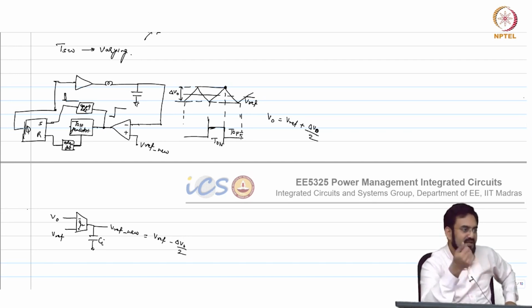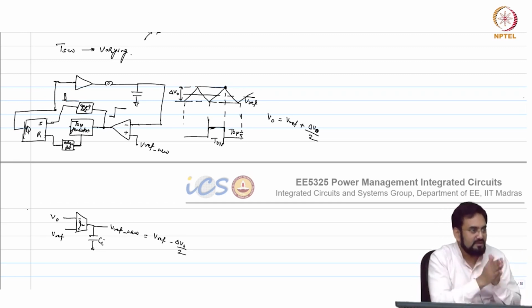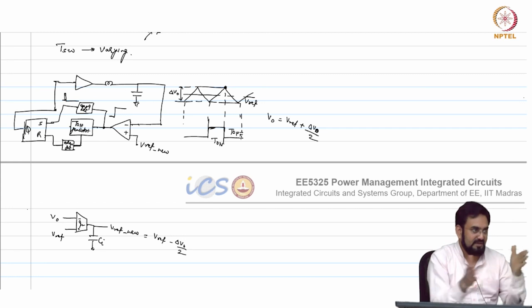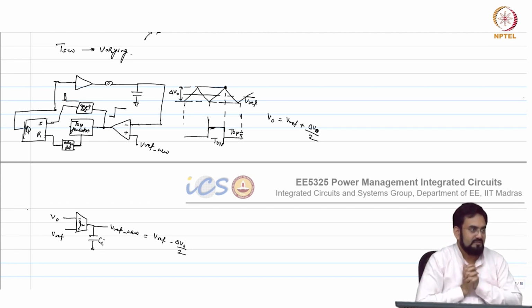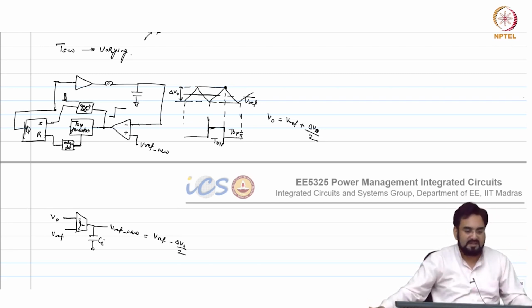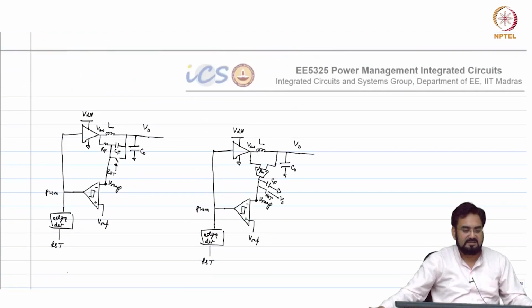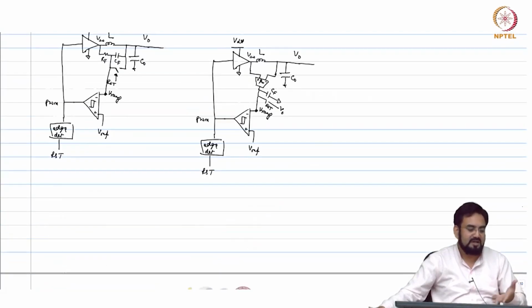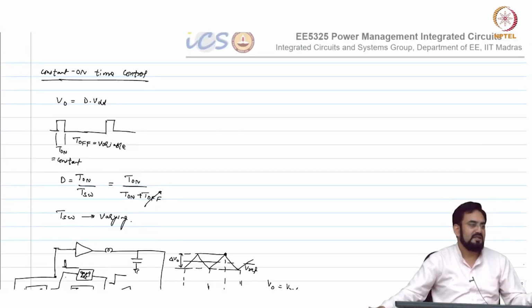I am forcing T on here. So whatever T on I am forcing, if I change that based on V in and V out, then I can regulate the frequency. Now you can do the same thing you did in the previous case. I was controlling R there with the FLL. Now you control T on with the FLL. That is it.